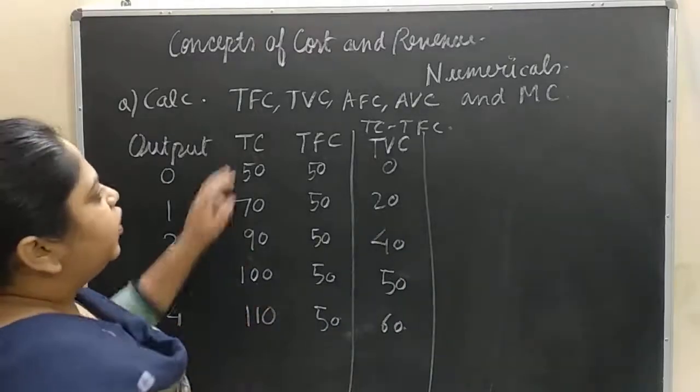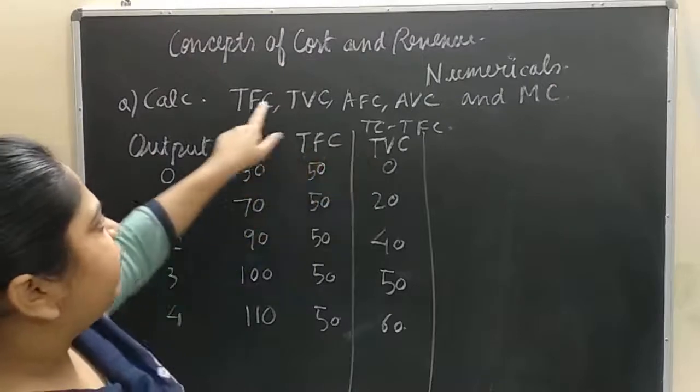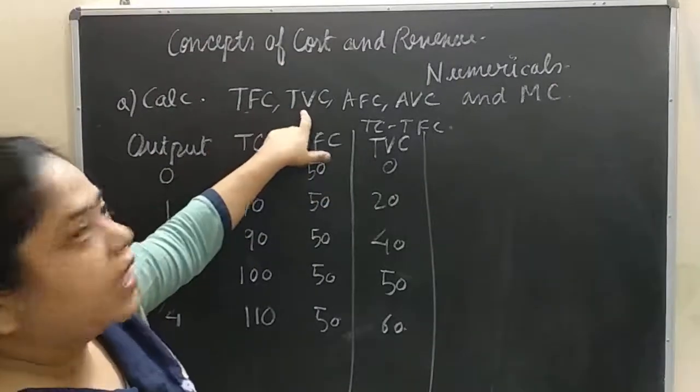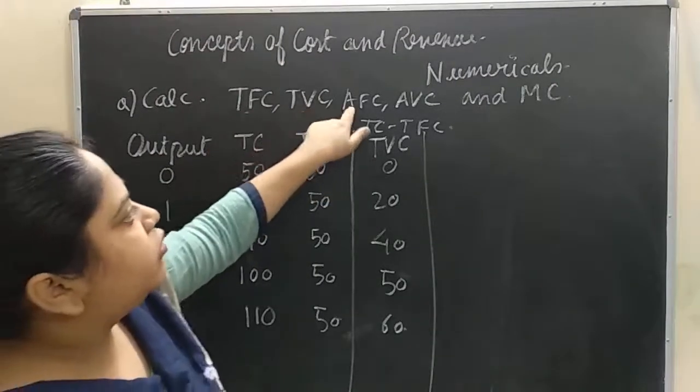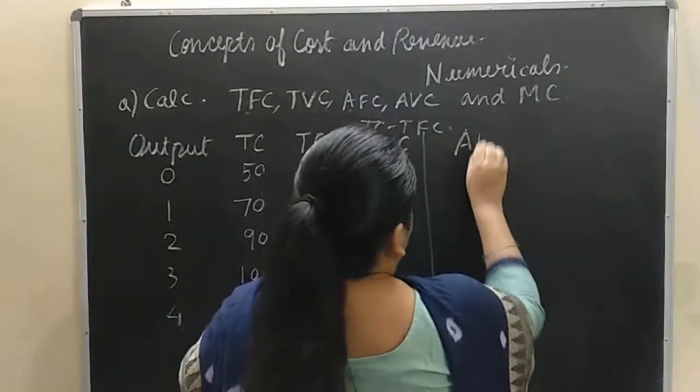Then you know that these are TC, this is TFC, this is TVC. You have calculated TFC, you have calculated TVC. Now you need to calculate AFC and AVC. How are you going to calculate AFC?